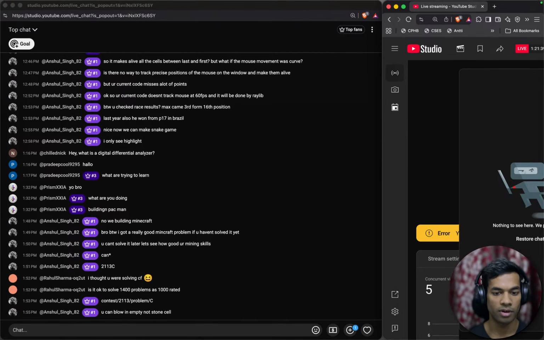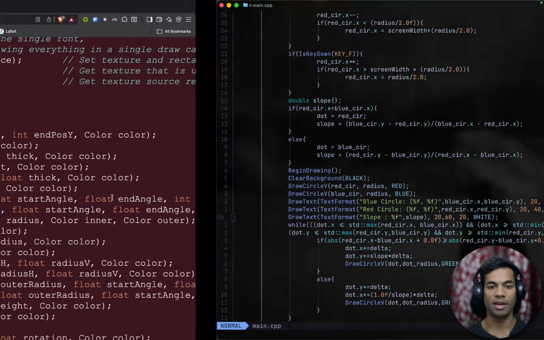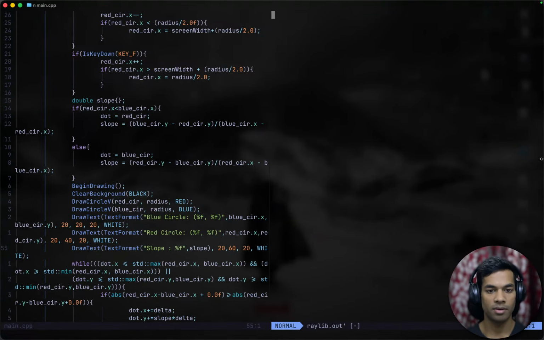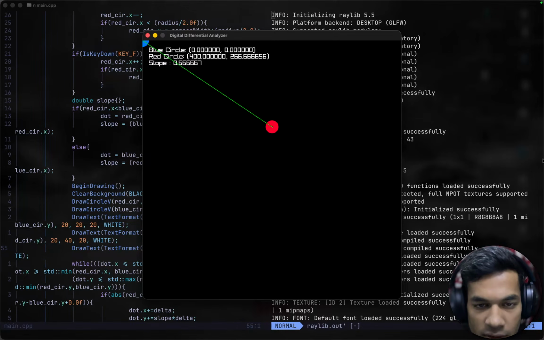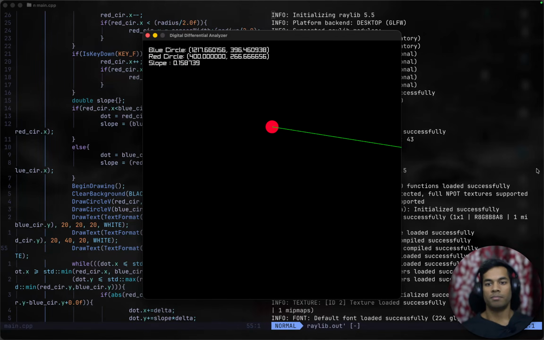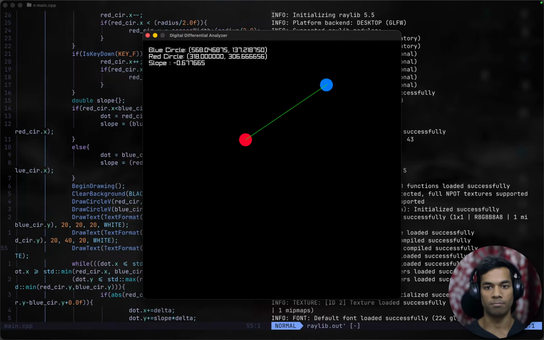Not stone cell. I have to start reading problems correctly. Okay. And here, yes, we have slopes.